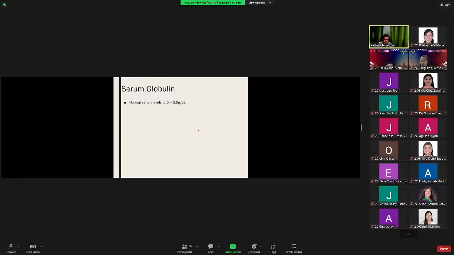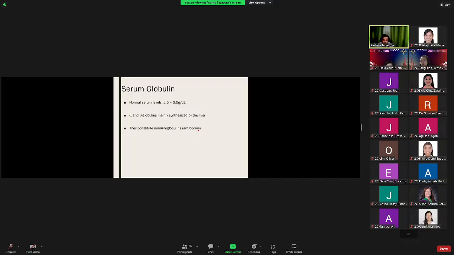Next is the globulin. Globulin is more like used in the albumin-globulin ratio. Globulins are mostly alpha and beta globulins that are synthesized in the liver.